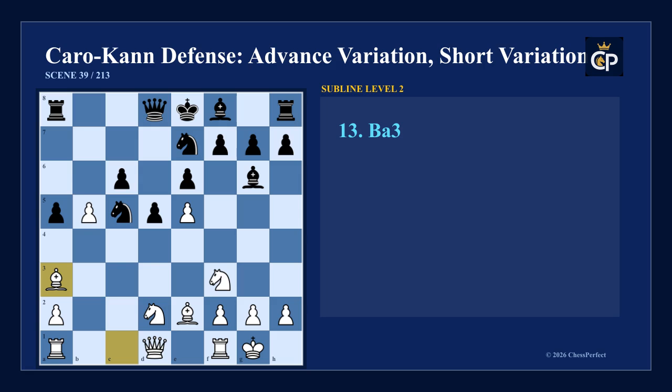Bishop a3. Knight d7. Queen a4. c5. b6. Queen takes b6. Bishop b5. White is better.